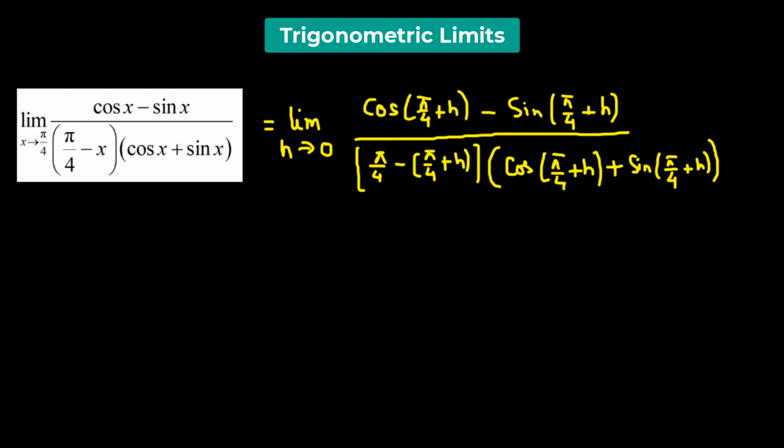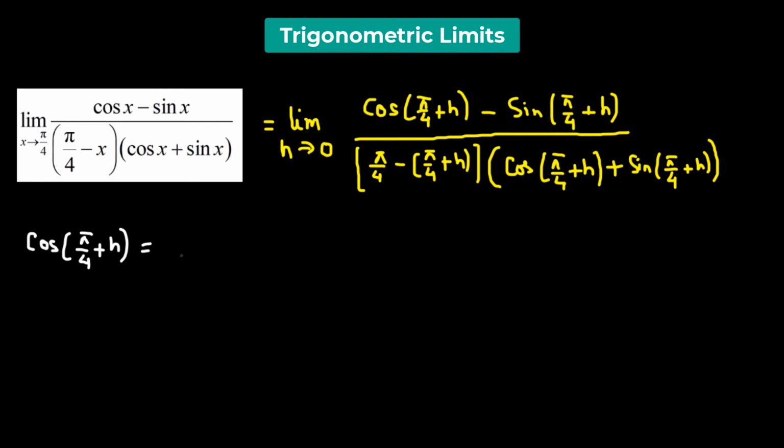So now what we're going to do is expand each of the trigonometric functions one by one. Let's start with the first one, cosine of pi over 4 plus h.